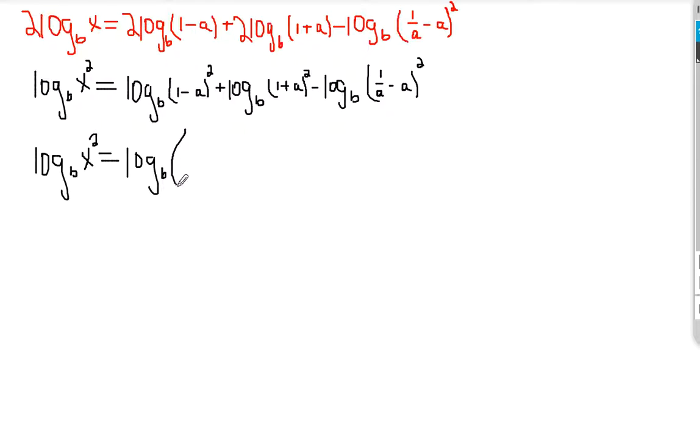So let's go ahead and rewrite that, and then for the 3rd one, I will get into that. So we can rewrite this log base b of 1 minus a squared plus log base b of 1 plus a squared as log base b of 1 minus a squared times 1 plus a squared.